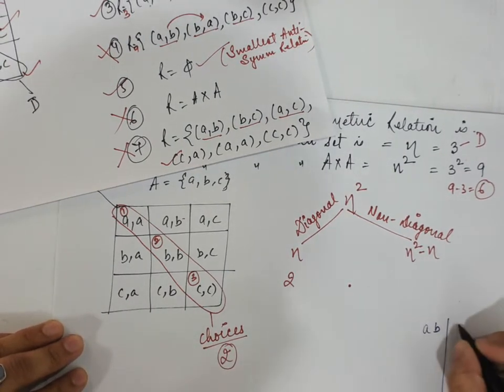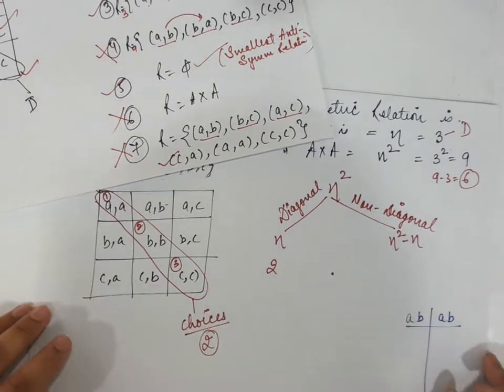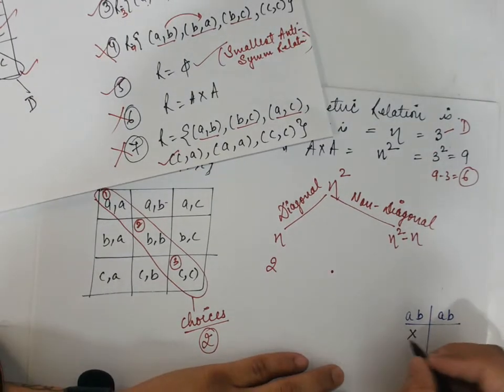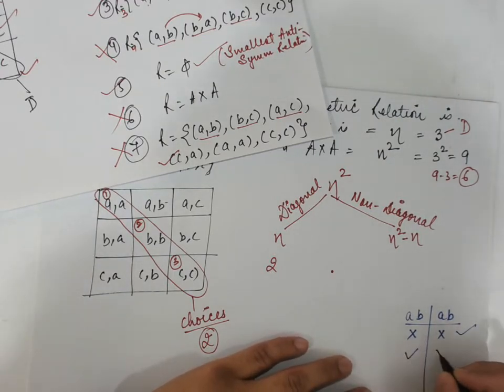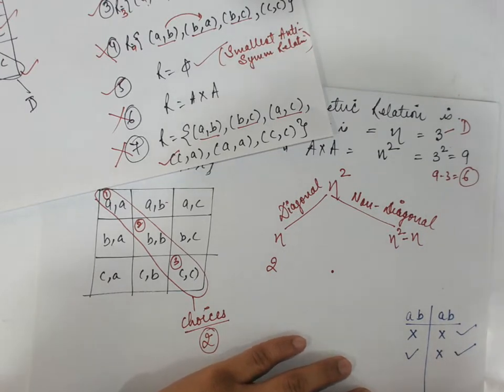If we take two pairs AB and BA, if none of the pair is present, then the relation would be antisymmetric. If one of the pair is present, then it would also be antisymmetric.